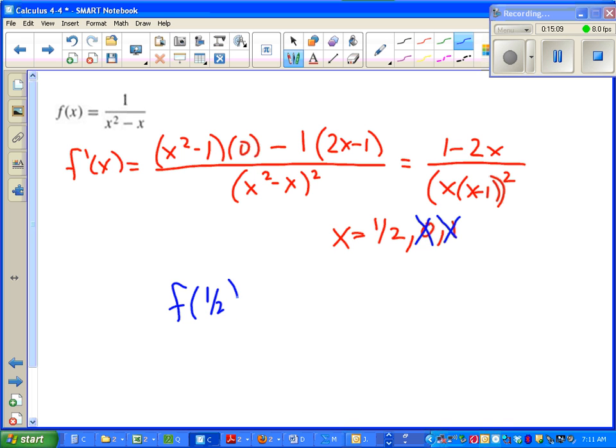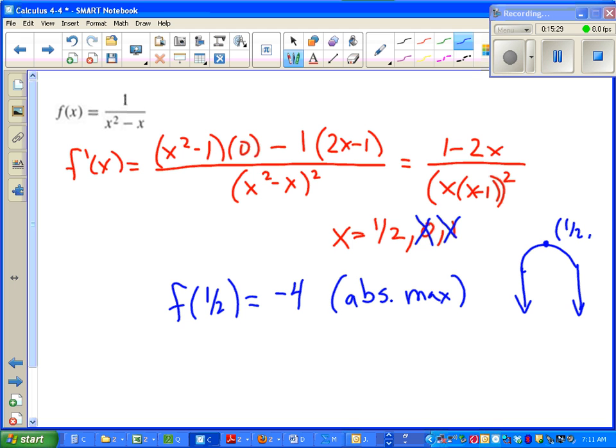So we could just figure out where f of 1/2 happens to be, and verify on your own if you wish, but that happens at -4. We know from our analysis that must be an absolute maximum, and we know that because at the asymptotes both arrows went down, so somewhere in the middle we have a maximum at 1/2, -4.